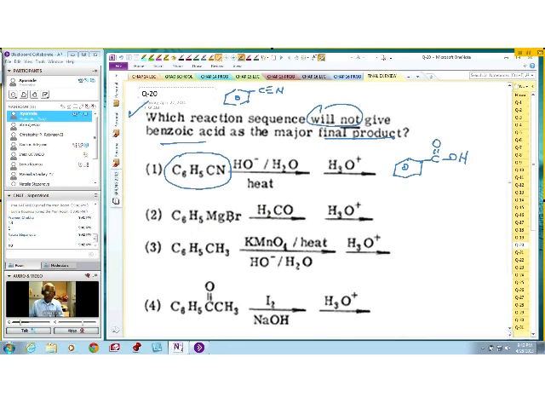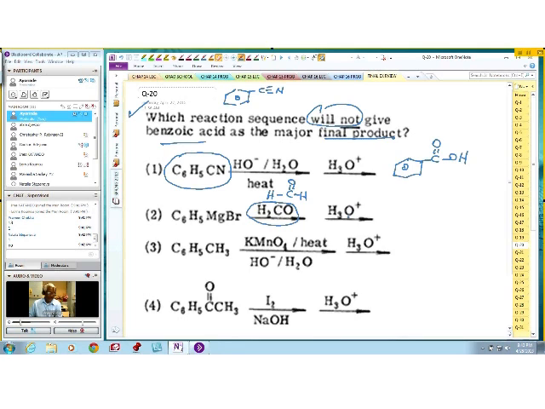In number 2, what do you have here? You have phenyl magnesium bromide reacting with formaldehyde. This is formaldehyde, this molecule here. And then they follow that up with dilute acid. Will this give you benzoic acid? Yes or no?